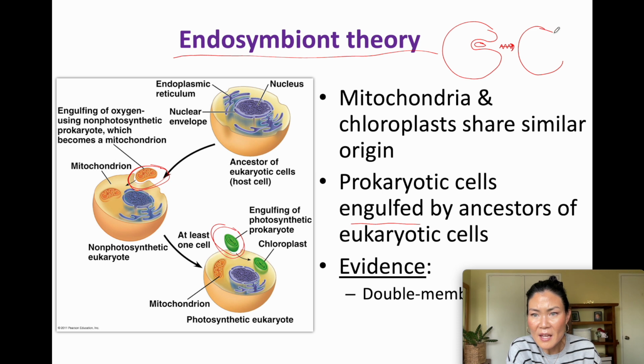See the membrane surrounds the little mitochondria and it gets pinched off, okay? The membrane of the larger cell pinches off or takes in the mitochondria, and now do you guys see how that little mitochondria is now in a vesicle? That little mitochondria is now in the vesicle, and this becomes the outer membrane of the mitochondria, and then the original membrane of the mitochondria is the inner membrane.